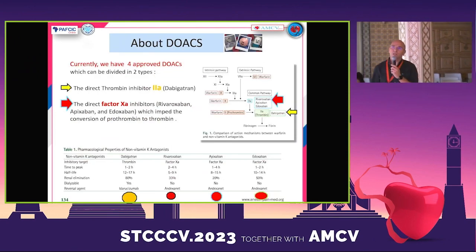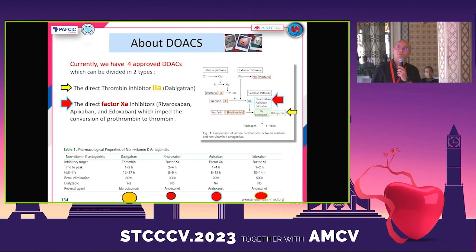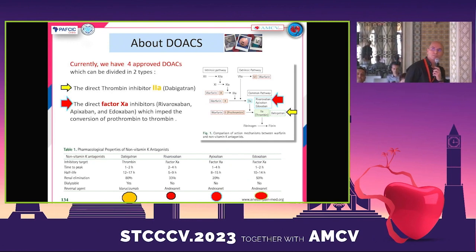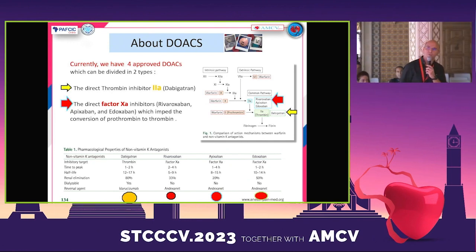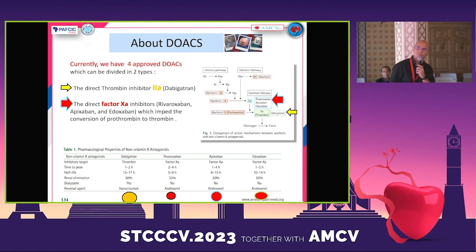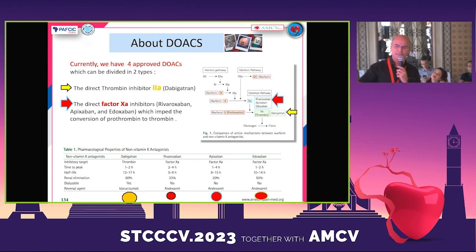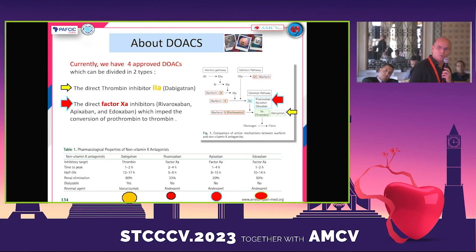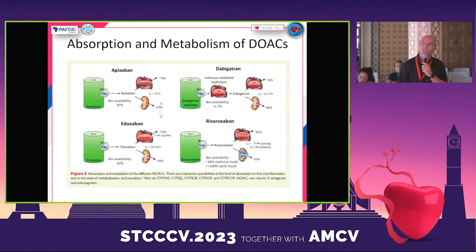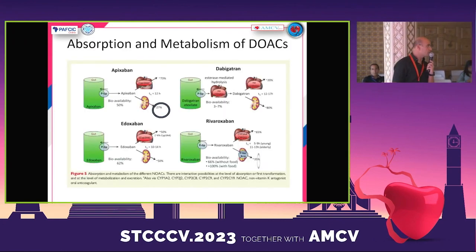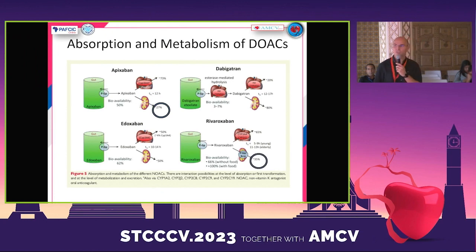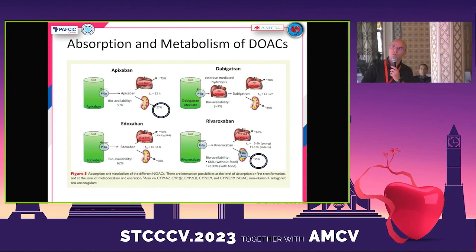About DOACs, we know that we have three approved DOACs. One is a thrombin inhibitor, and the other three are factor 10 inhibitors. We see here that they differ in half-life and even in renal elimination, which can affect our treatment in case of cessation or hemorrhage.